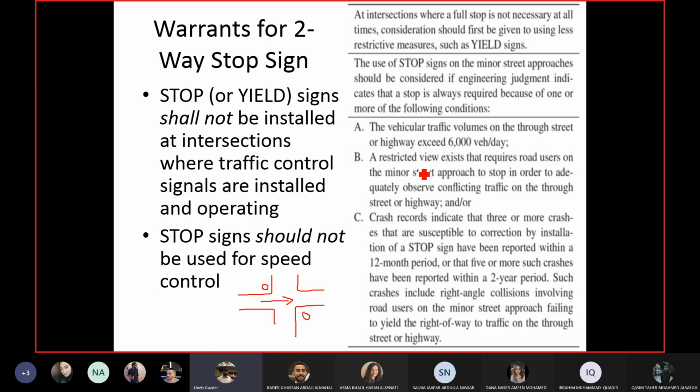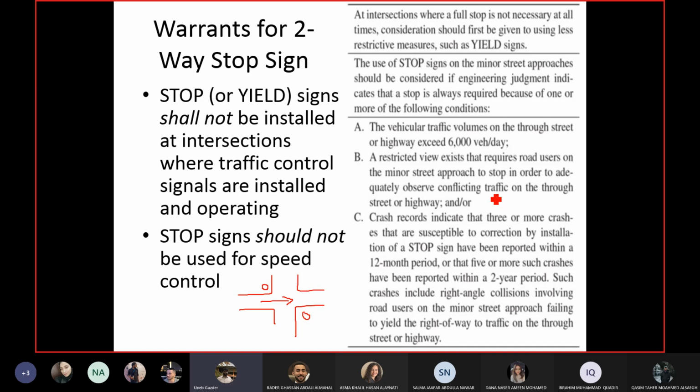Second, a restricted view exists because of which drivers on the minor street approach must stop in order to adequately observe the conflicting traffic. Like I said, the sight distance rule. If you do not have the enough minimum sight distance, then you provide a stop sign. Third, crash records indicate that 3 or more crashes can be corrected by installation of a stop sign.